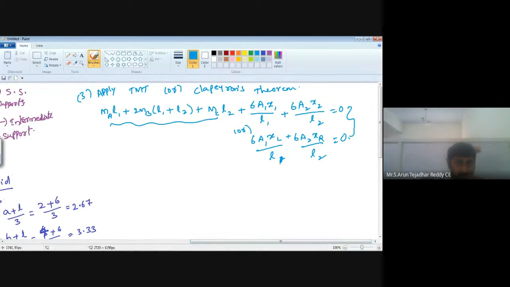So here we have MA, so 0 into L1. Remember, here we are considering A, B, C only. If you have any difficulty, let us draw only the ABC diagram, then you can easily understand.